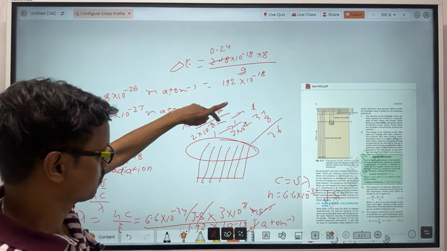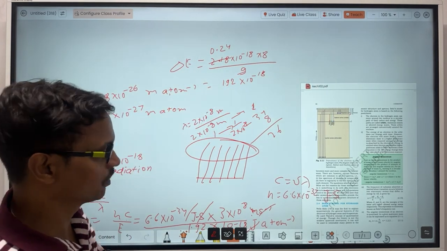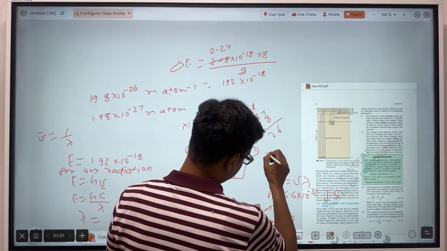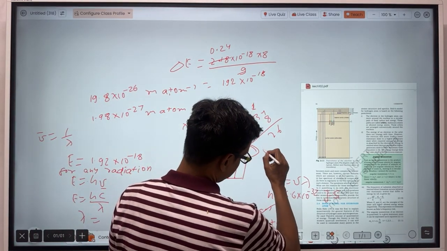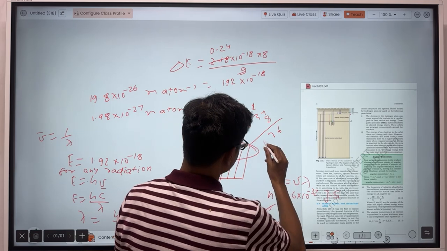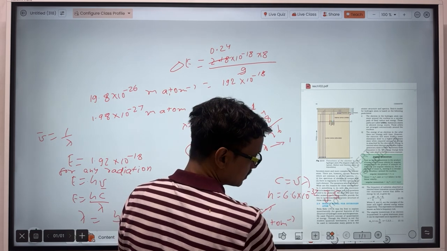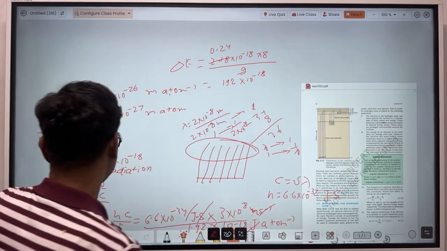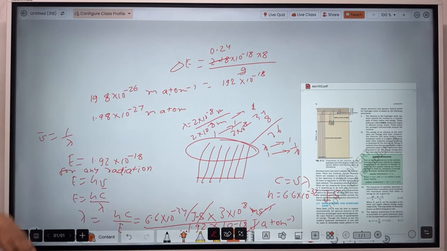So when the distance will be 1 meter, number of wave will be 1 upon 2 into 10 to the power minus 8. Or in other words, when the distance will be lambda, then number of wave will be 1. So when distance will be 1 meter, then 1 upon lambda. So nu bar equal to 1 by lambda.